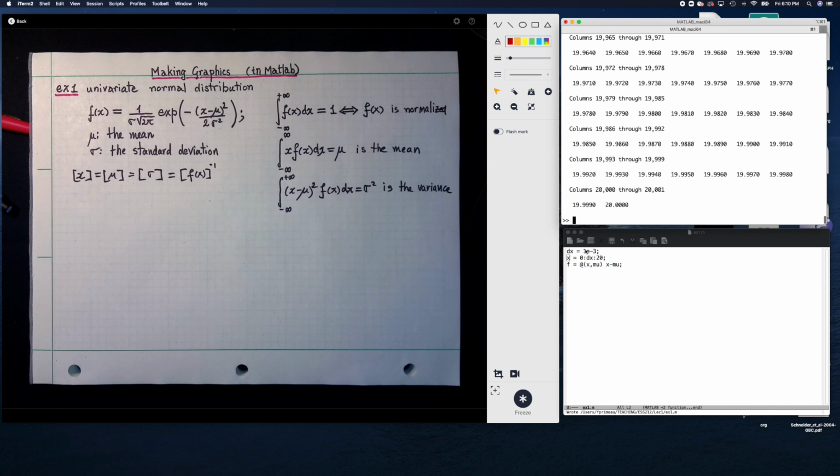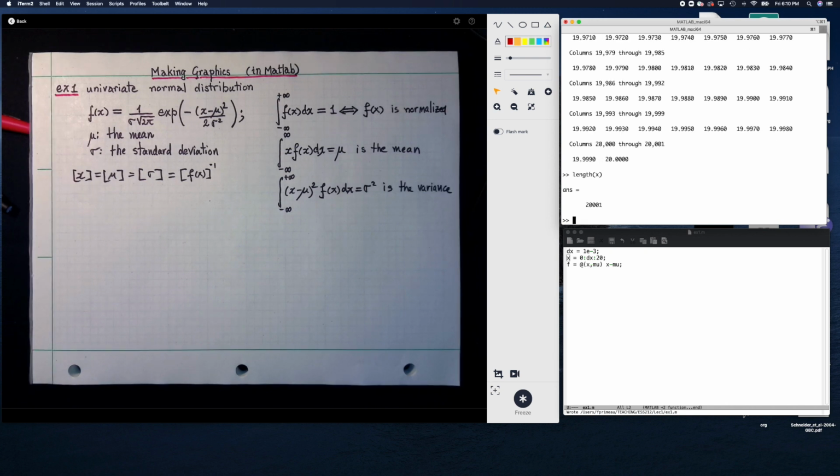So it's a whole list of numbers, or a vector of numbers, from 0 to 20 in steps of 10 to the minus 3. So the length of x is 20,001 in this case. And I can then evaluate the function f at all those x values and make a plot.